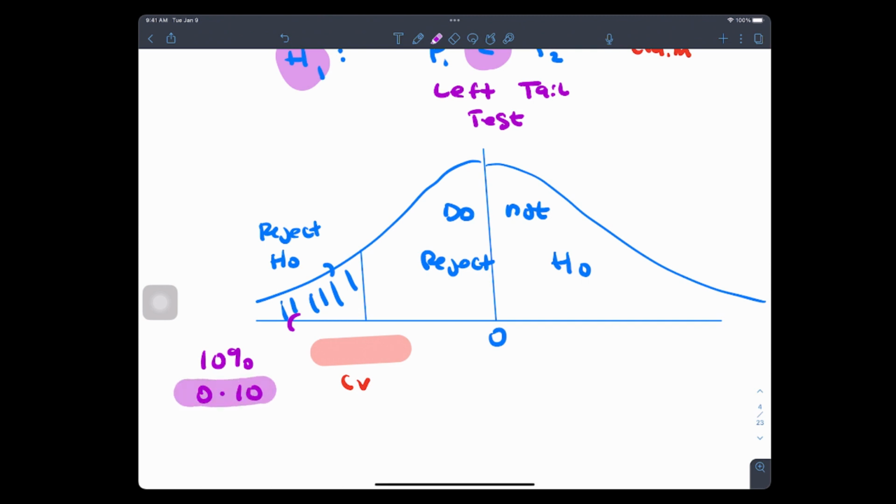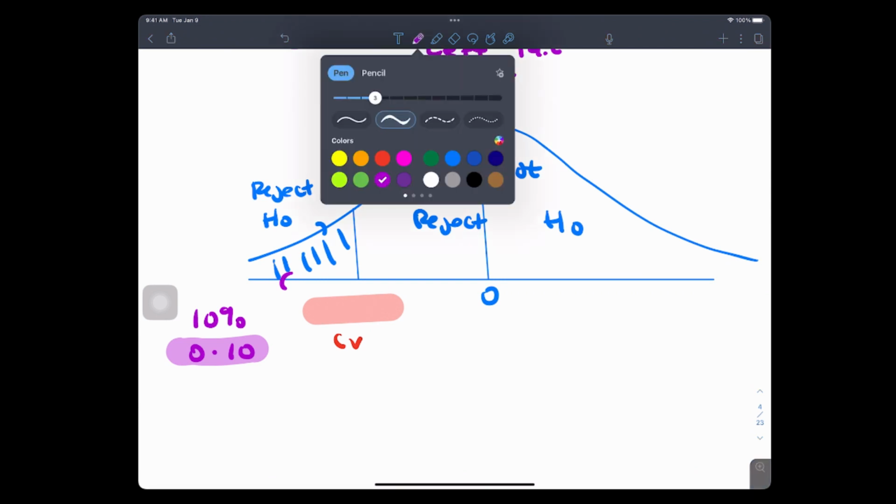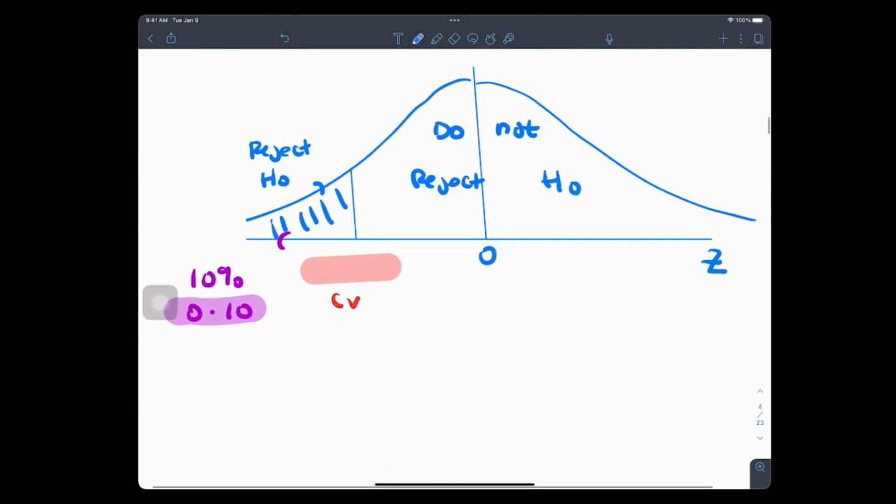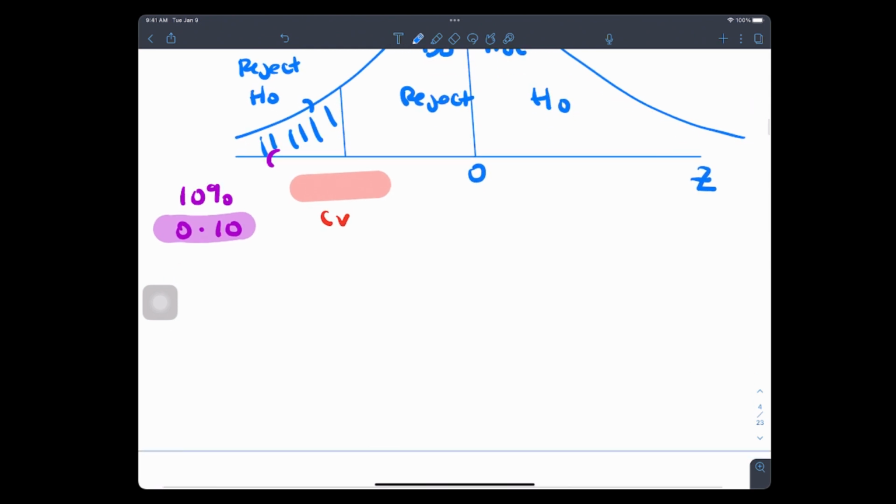Okay. Now remember, this is a Z distribution. And because it's a Z, how you get your critical values is going to be that function called inverse norm.